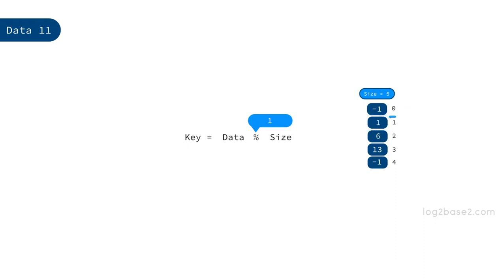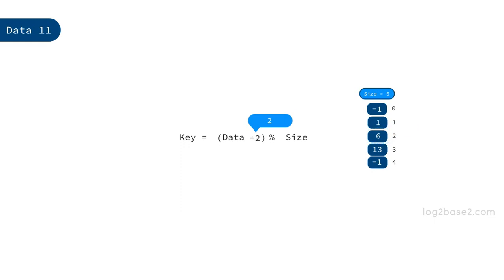So we have to apply data plus i in this new equation and we will get (11 + 1) mod 5, that is 12 mod 5, which is equal to 2. That is, we can try to insert 11 at index 2 of this hash table. So check index 2 and it is holding value 6, that is it is also not free for insertion.